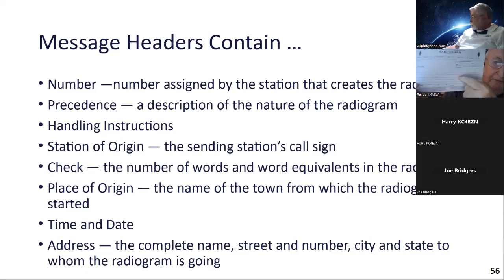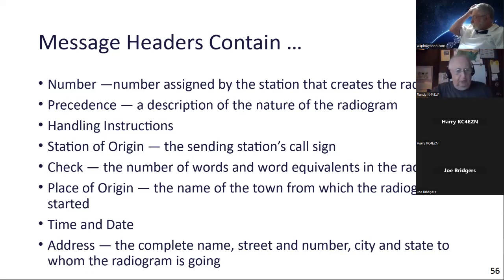Okay, see that? That is where the check would be. Place of origin, the name of the town where the radiogram originates. Time and date, address, the complete name, street and number, city and state to whom the radiogram is going.